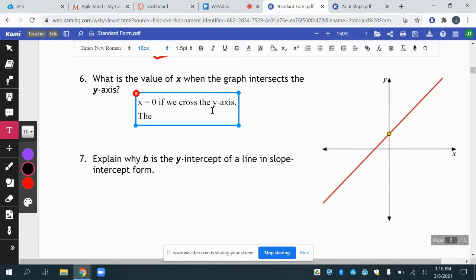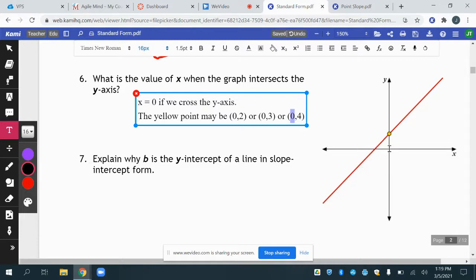The yellow point maybe, I don't know, let's say it's 2 up. It could be 0, 2, or 0, 3, or 0, 4. I don't know. It depends on how far up it is. I don't really have a way of saying, but I know that the first number is 0.